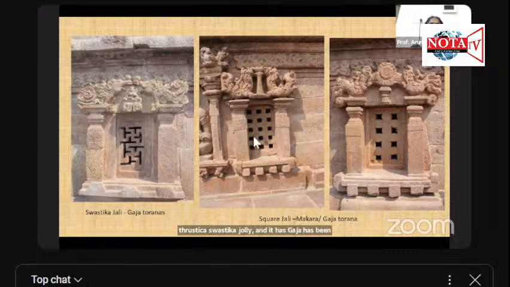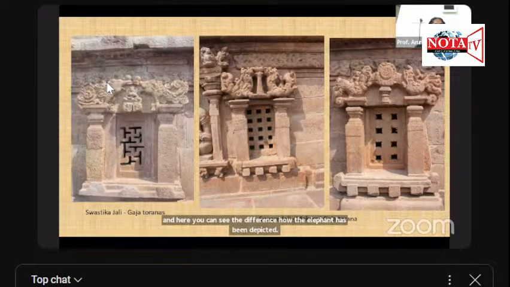Then you have a square shape jali, and you have makara toranas, and again another, different type of square shape. And here you have again gaja torana. There's a difference between the gajas, that means elephants, here and here. You can see the difference, how the elephant has been depicted.